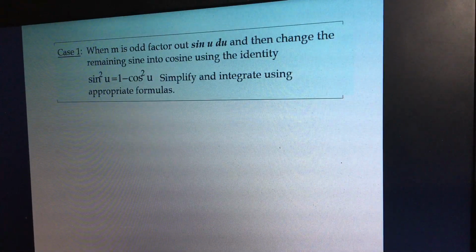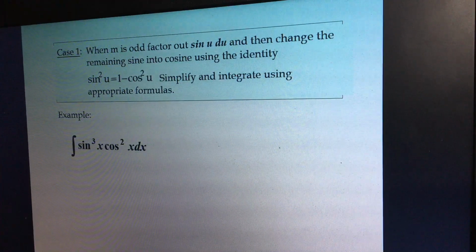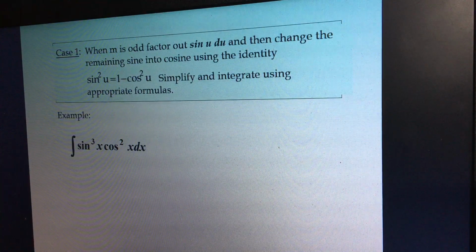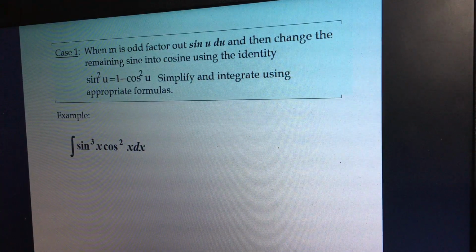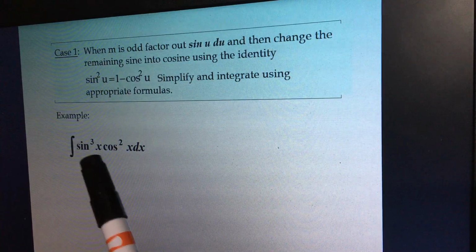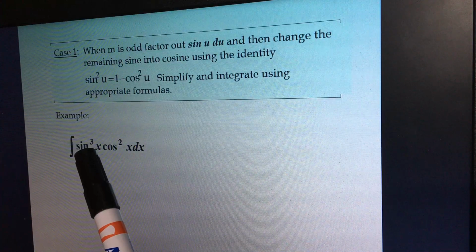Okay, so to give you an idea, we have here an example. Example 1, integral of sine cube x times cosine squared x dx. So if you look at the given, m is the exponent of sine, n is the exponent of cosine. So you see here m equal to 3.